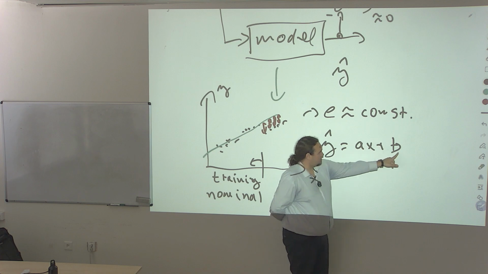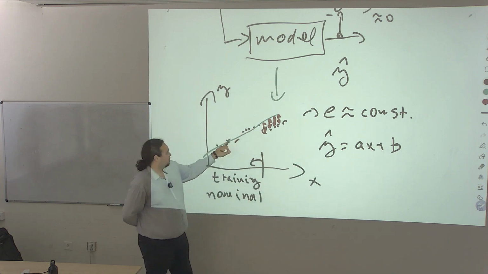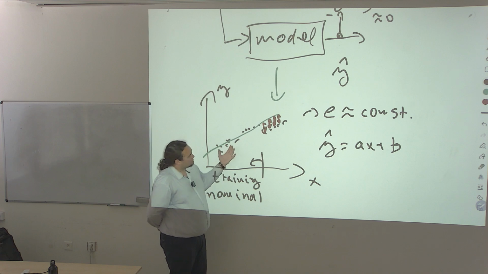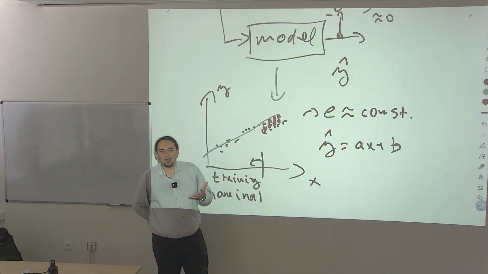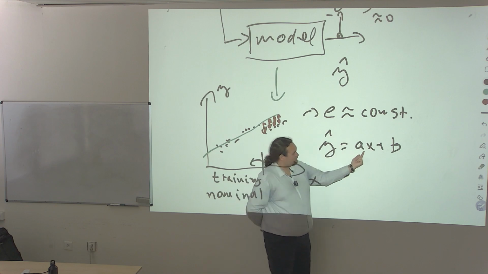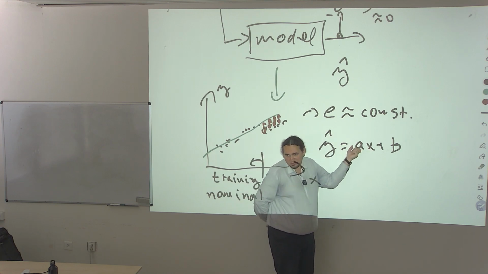Our model was calculated. These parameters A and B were basically calculated from the historical data, and from how I suggestively draw it, it seems that the slope is actually quite okay.